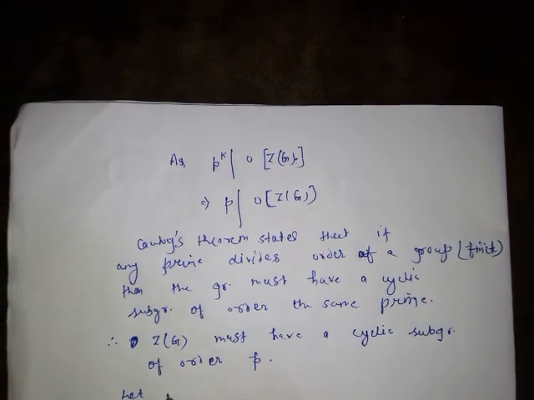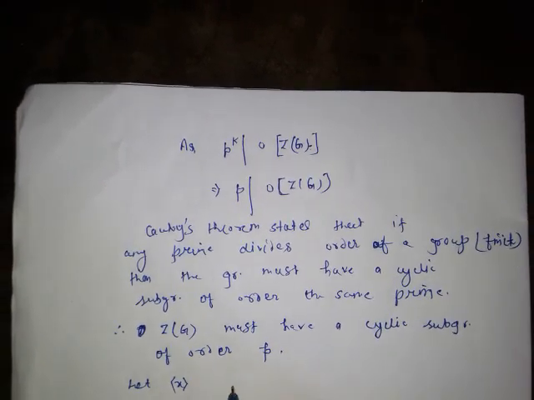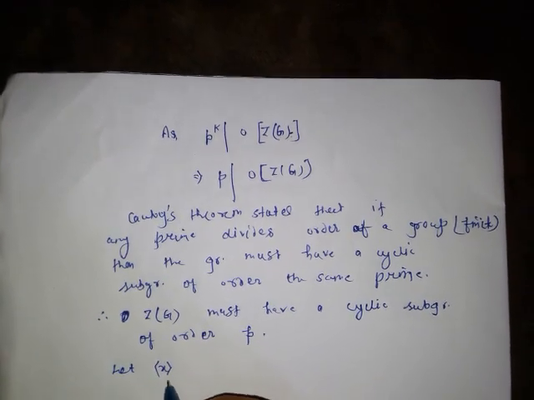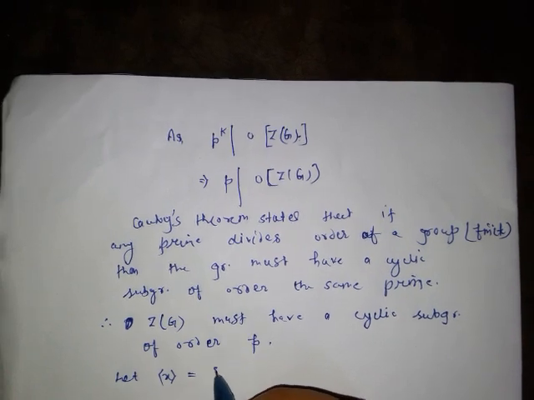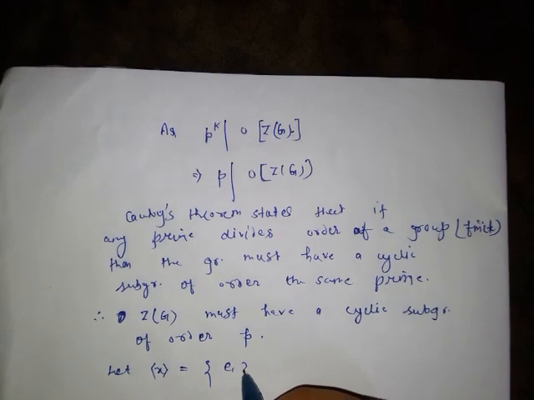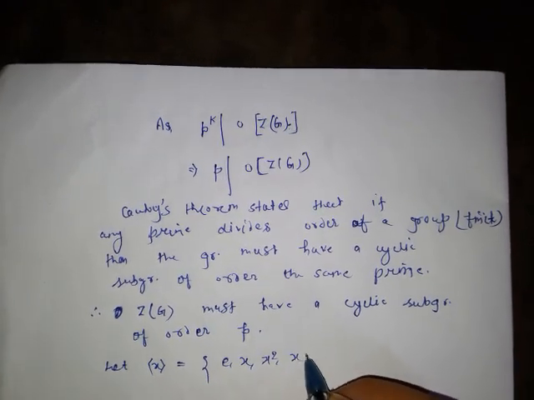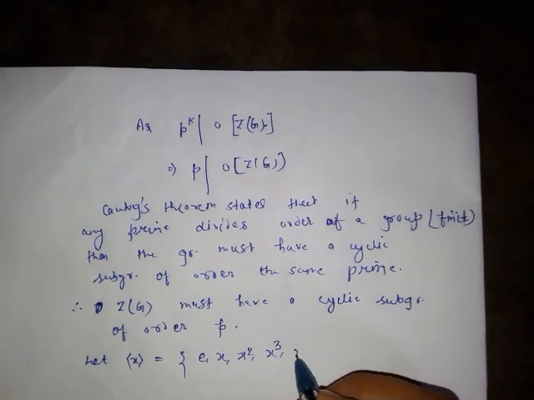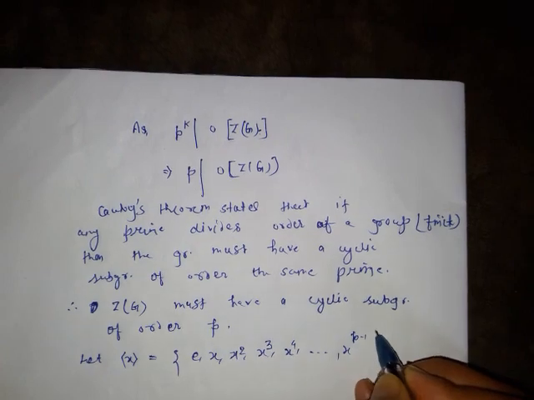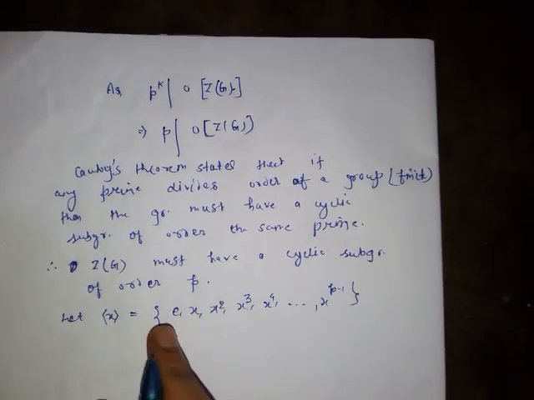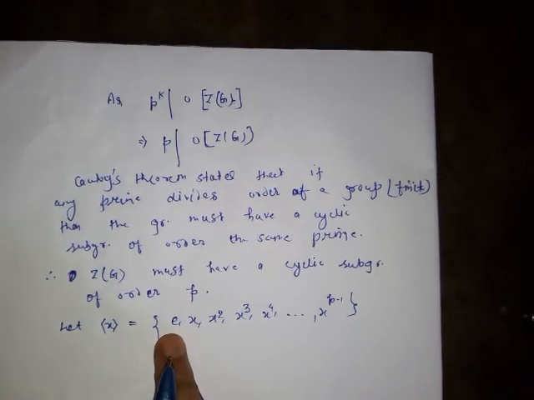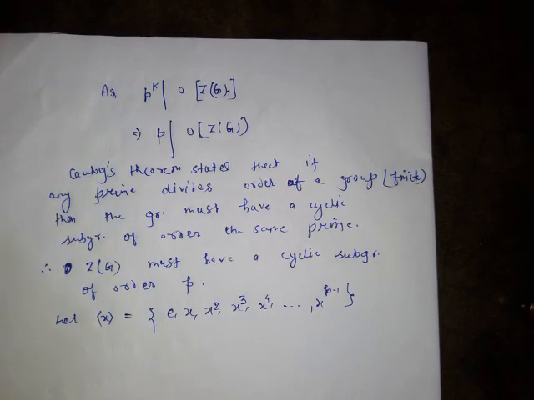Let the central cyclic subgroup be generated by the element x. Then the cyclic subgroup generated by x is equal to {e, x, x squared, x raised to the power 3, x raised to the power 4, ..., x raised to the power p minus 1}. Here the order of this group is p, where e is the identity element of this cyclic subgroup.